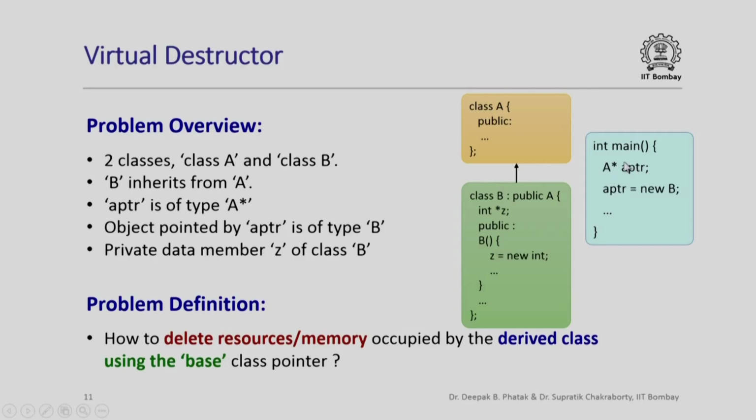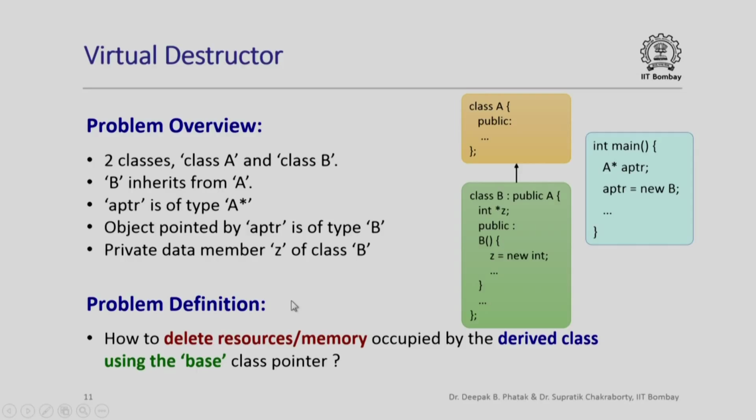Because APTR is a pointer to an object of class A, delete APTR will go and invoke the destructor of class A. However, I am really trying to deallocate the space allocated for this object of class B, because APTR was really pointing to an object of class B, and this object of class B had already dynamically allocated some memory for an integer and stored the address of that in Z. But when the destructor of A is called, there is no way from the destructor of A I can access this private data member of class B and free up this space allocated for the new integer.